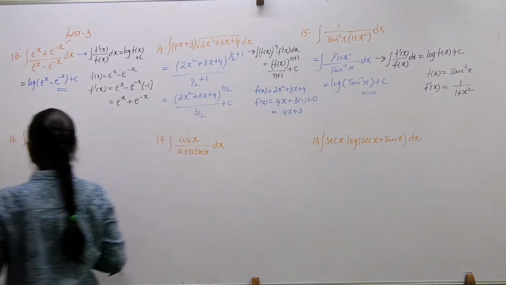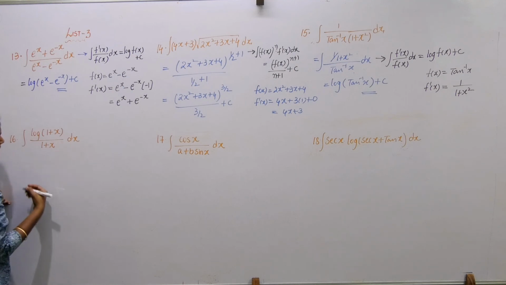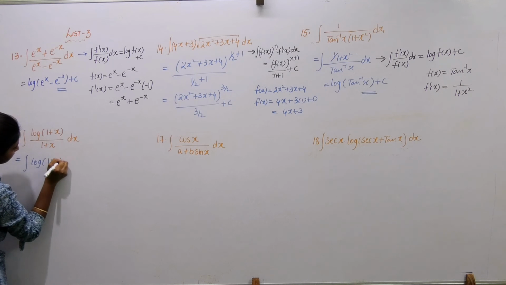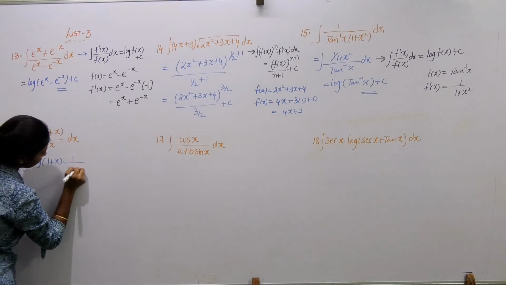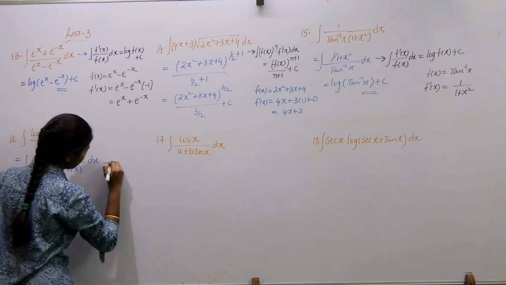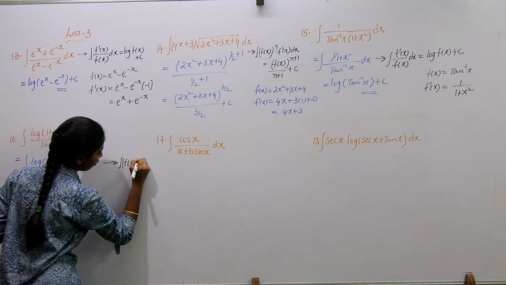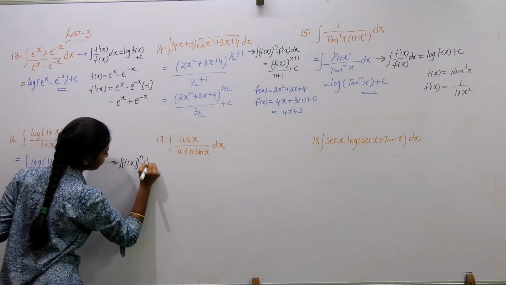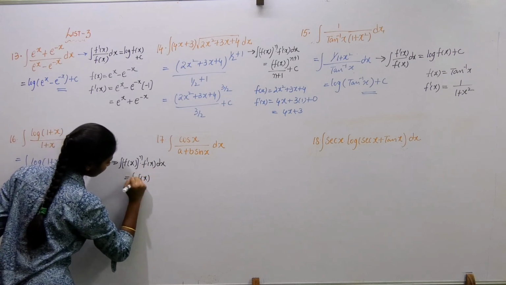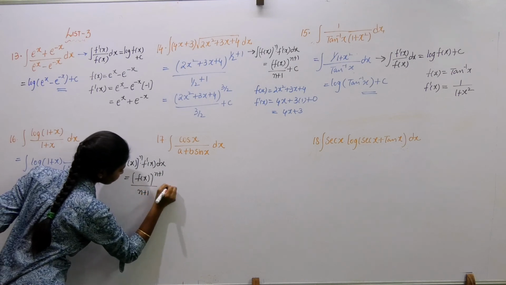Next, 16th one, integral of log of (1 plus x) by (1 plus x) dx. We can write this as log of (1 plus x) into 1 by (1 plus x) dx. This is in the form of integral f of x whole power n into f dash of x dx, which is equal to f of x whole power n plus 1 by n plus 1 plus c.